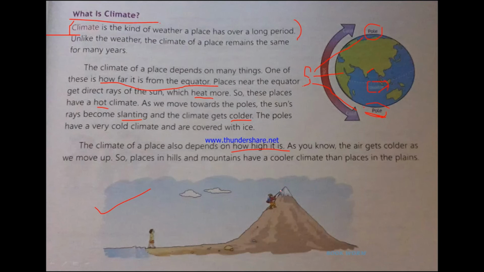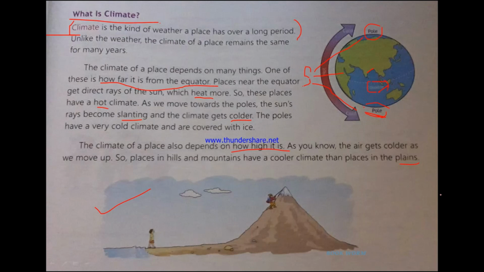We live at a lower height and the mountains are higher above. Due to this reason, the climate there is cooler compared to the plain regions we live in. So these are the two factors on which climate depends. The first is distance from the equator and the second is the height or altitude of the place.